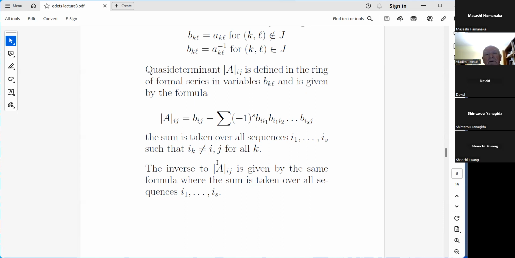I can write you the inverse formula for these quasi-determinants, but in this case there's no condition on this sequence A1, I1, and so on.